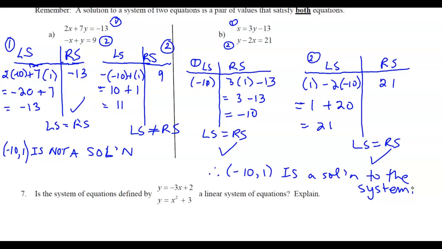But take a look. This says a linear system. Are both of those linear equations? Look on your paper. Do you see a square? Yes, that is not linear. Remember, linear is degree 1. So this is not linear.